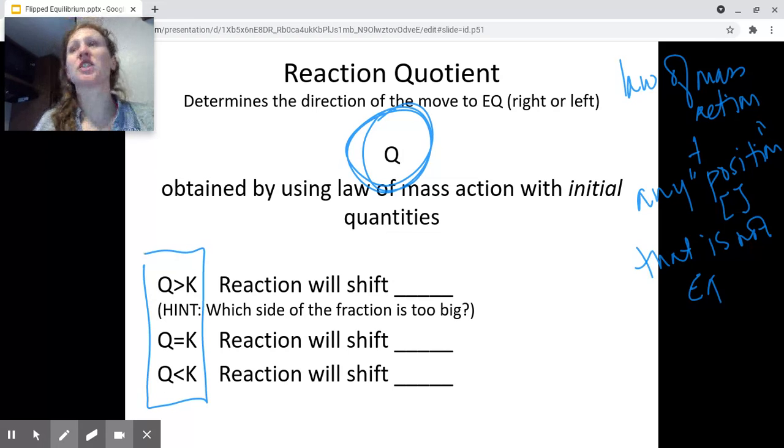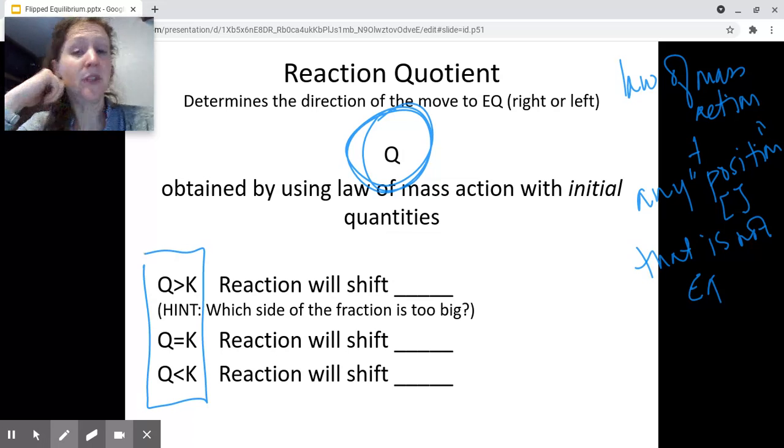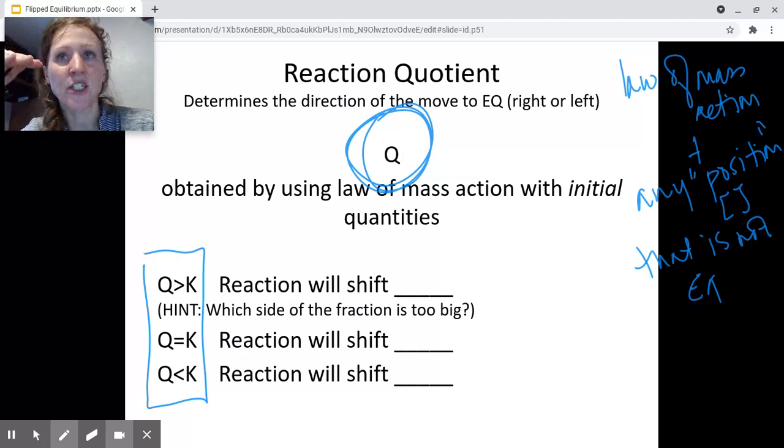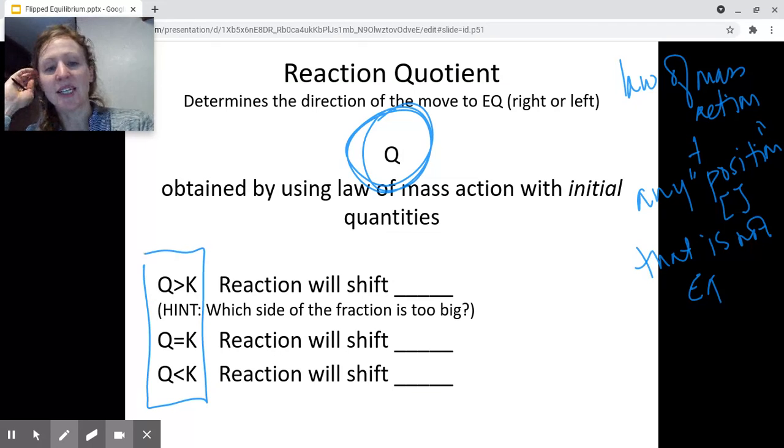And so when you come across these problems in equilibrium, this is one of the first things you should do. You should consider, okay, what's my reaction? What's my law of mass action? And which direction will this reaction proceed? Okay, so let's think through this.